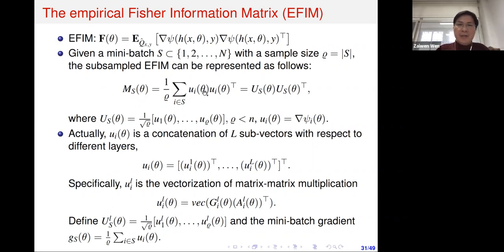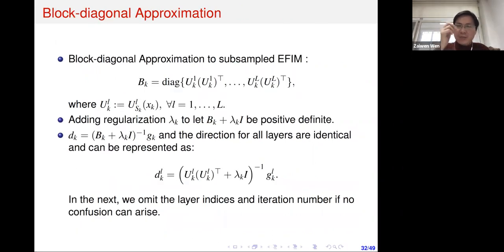For convenience of notation, we denote this gradient by u_i. We take the summation, and this size is very small. Therefore, this subsampled empirical covariance matrix is itself a low-rank matrix. Of course, u_i is a combination of many layers, depending on what kind of neural network you have. But suppose we just look at one layer.